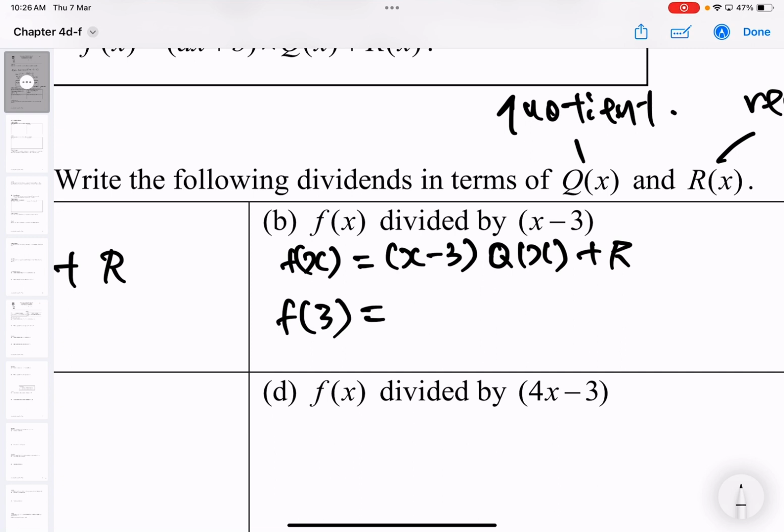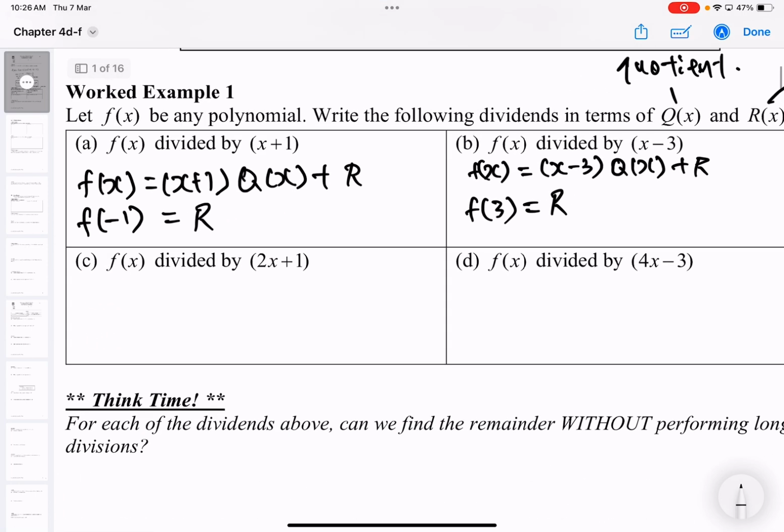When I substitute 3 inside my function, what remains is just the remainder. I can tell you this subchapter is probably the easiest in this whole chapter 4. If you don't get this, you are in deep trouble. So you must try to understand this part.